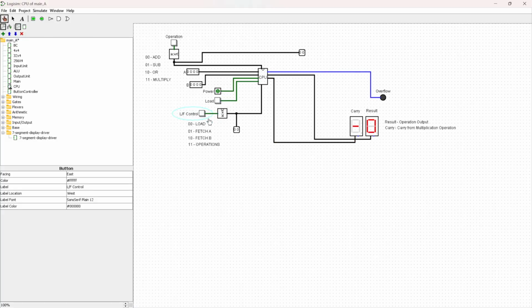And what else again? 3 and -5 plus. Okay. 3 is 0, 0, 1, 1, and -5 is 1, 0, 1, 1.